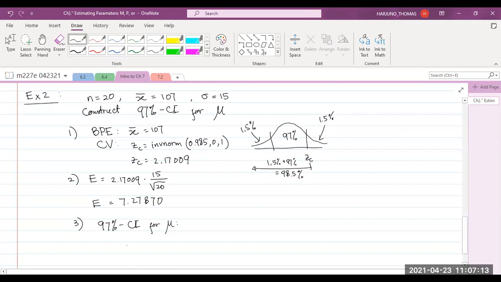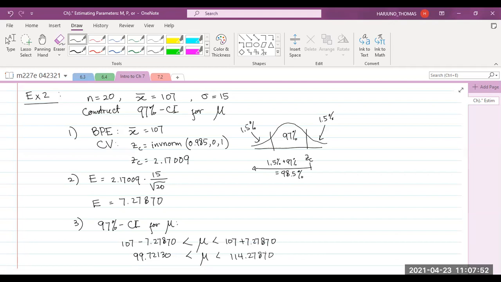That will be 107 minus 7.27870 less than mu less than 107 plus 7.27870. That will be 99.72130 less than mu less than 114.27870. Okay, this is the work.